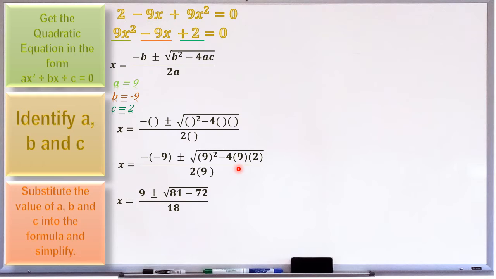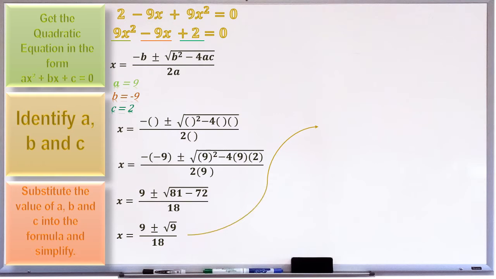Negative 36 times 2 is negative 72. And 2 multiplied by 9 is 18. Next, copy 9. Plus and minus the square root of 9 because 81 minus 72 is equal to 9. Copy the denominator which is 18.